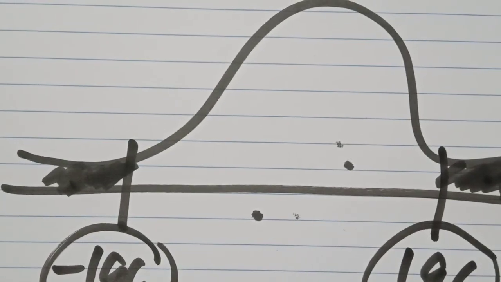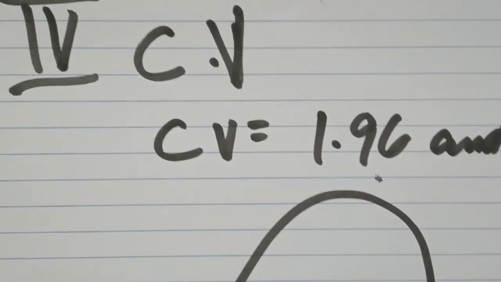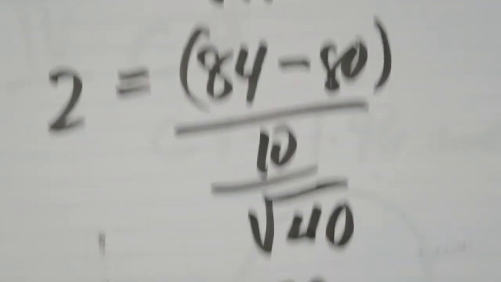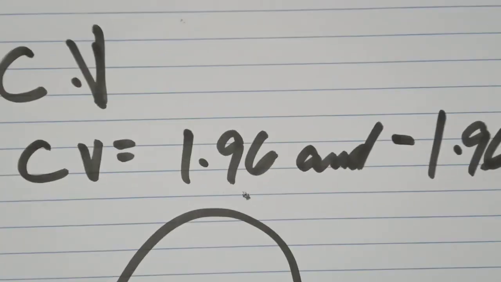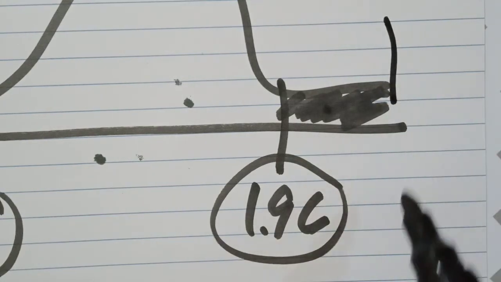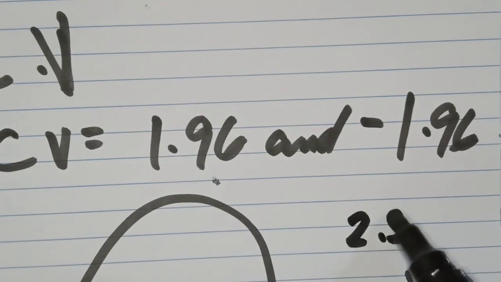So pag kinompute na natin, na-compute na natin yung Z sa step 3. Yan. Ang Z natin ay 2.53. So nasa lampas dito sa 1.96. Nandito siya, 2.53.